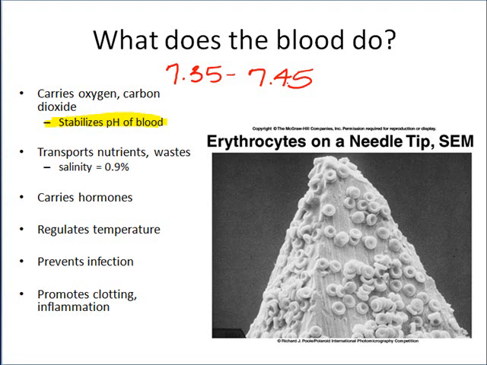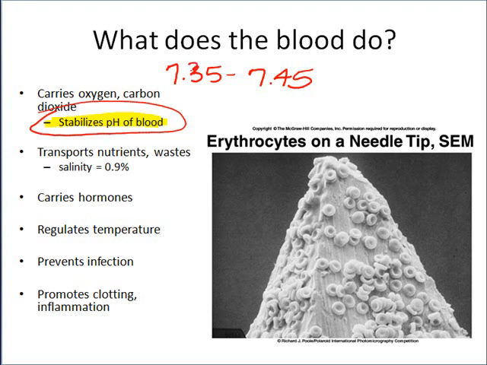And if we tweak that pH, those proteins may denature, and that can spell death for the individual. Later on in 202, we're going to learn more about pH of the blood and how it's regulated and what can happen to an individual if the pH gets too far out of whack.